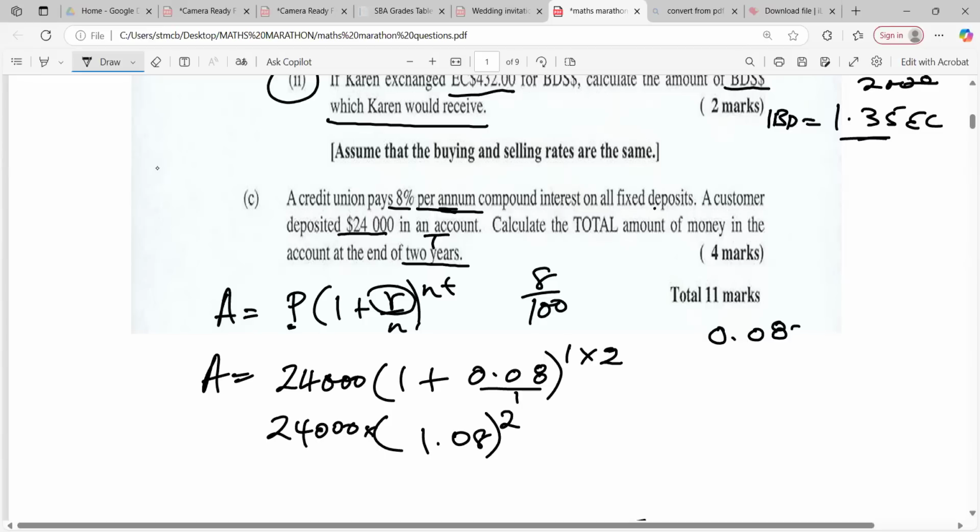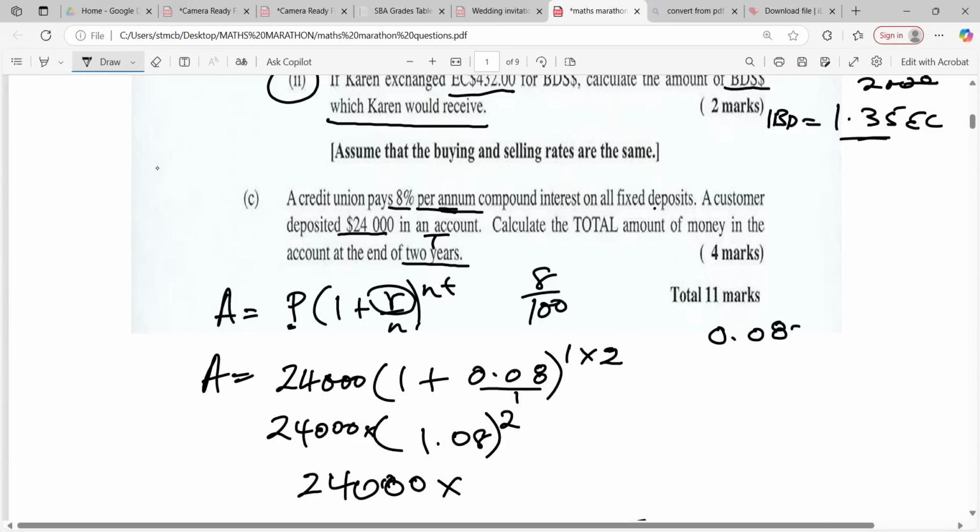1.161. When we punch it in the first time, we get 24,000.